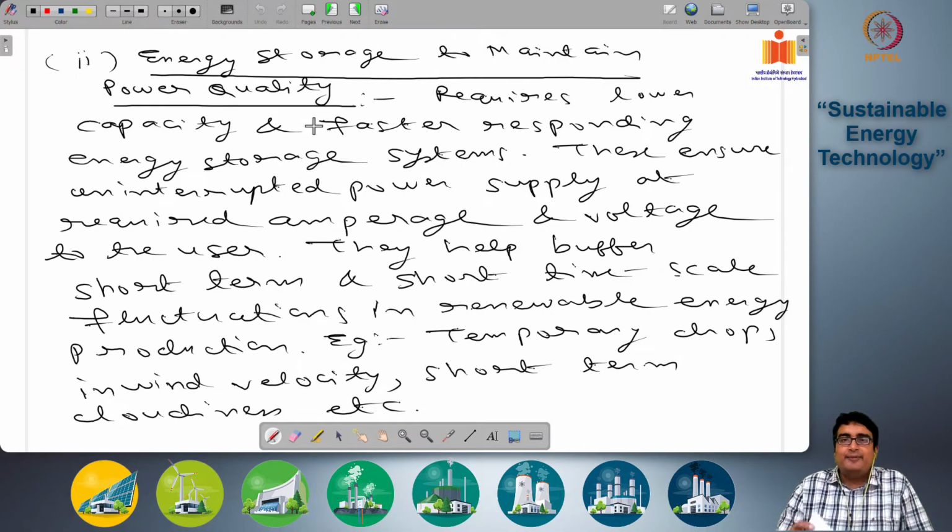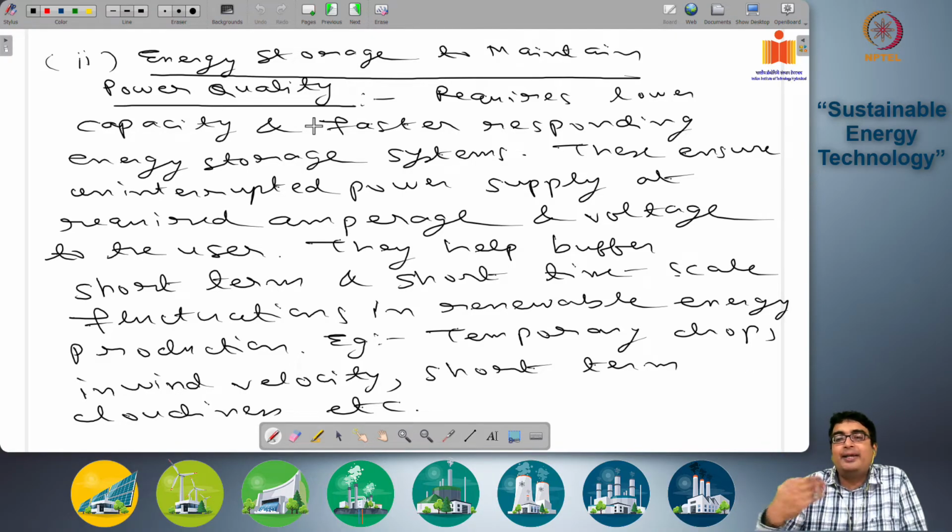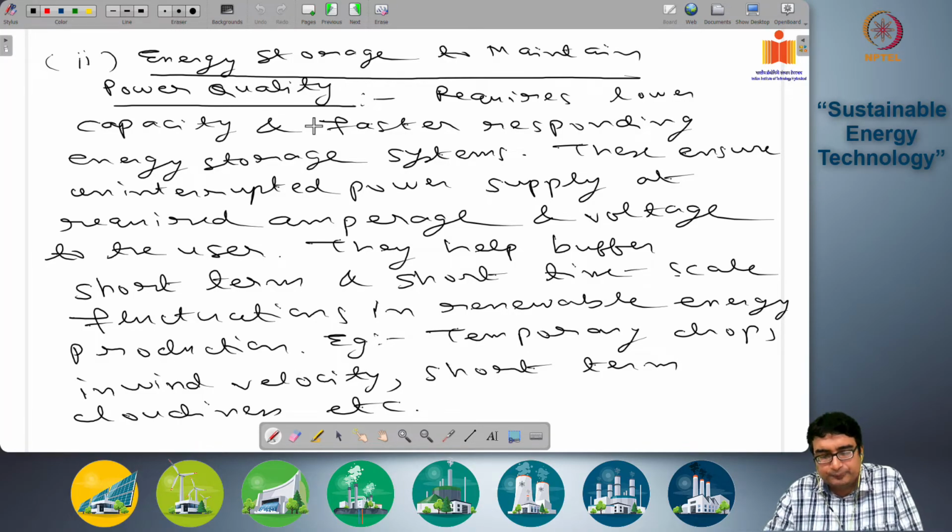On the other hand, the energy storage to maintain power quality is basically used to make the delivery uniform in terms of voltage and amperage. If the delivery is not uniform, you will see voltage fluctuations and wattage fluctuations in your electricity supply that can harm appliances if it is happening frequently, as we see often in many places in India even today.